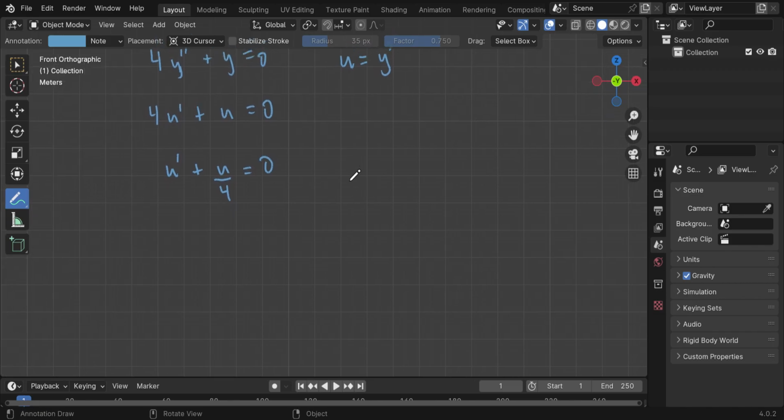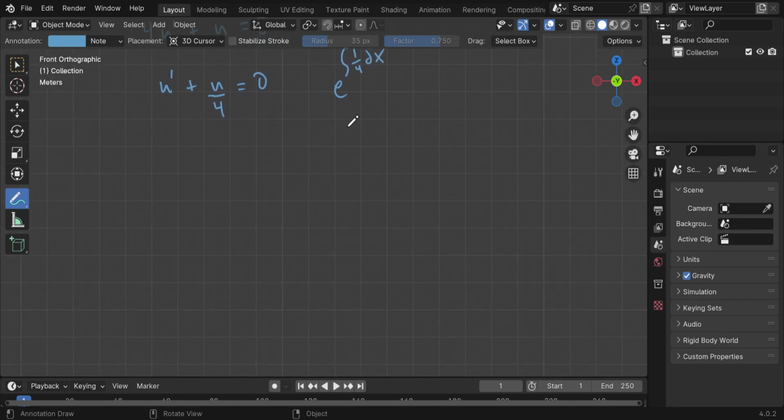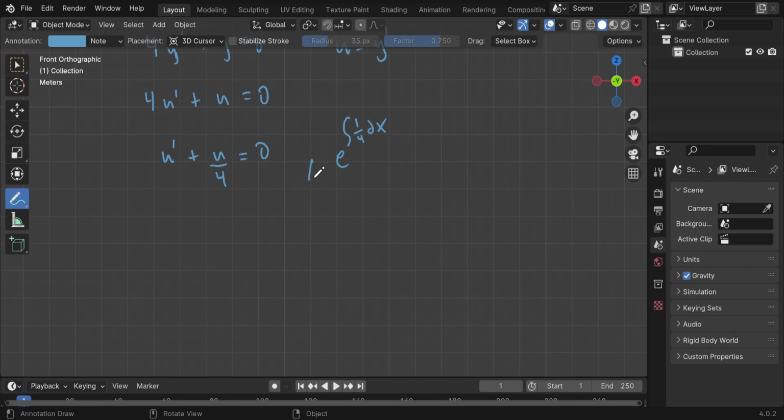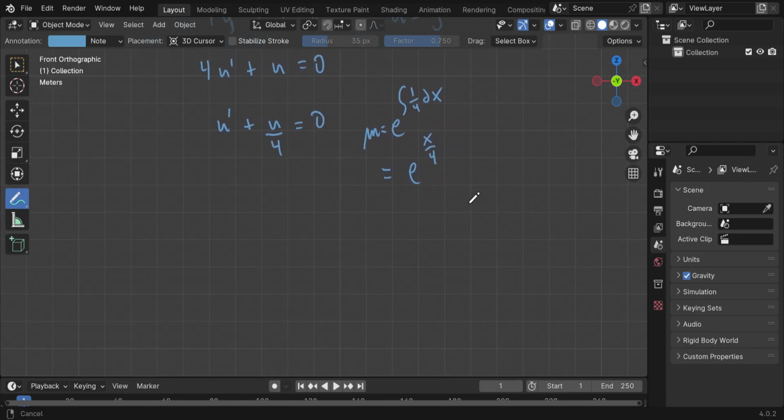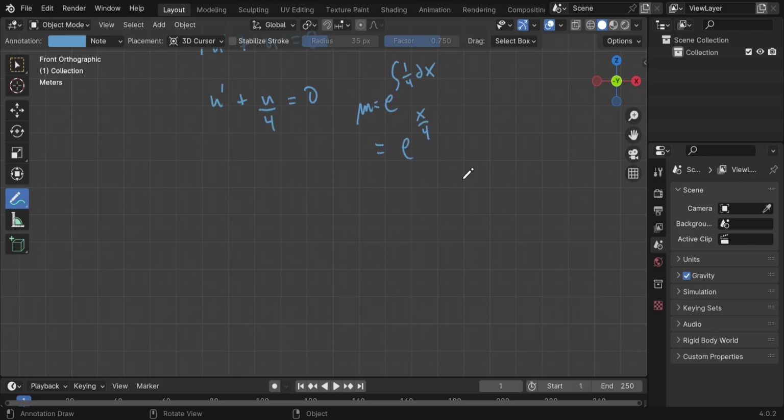And then we find the integrating factor, which is e to the integral of 1/4 dx, which equals e to the x over 4. So the integrating factor is e to the x over 4.